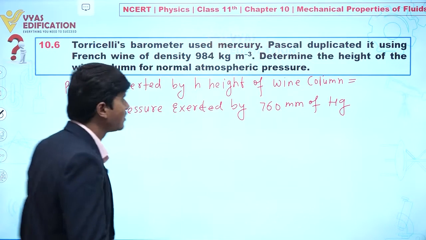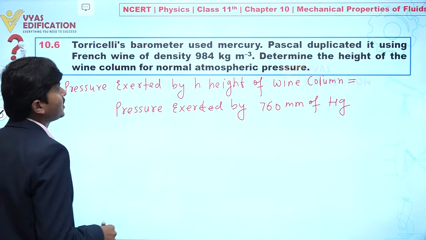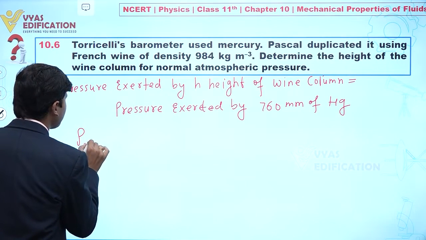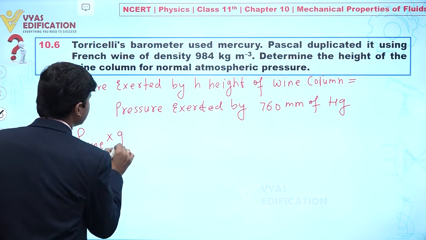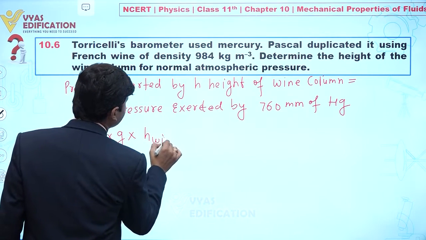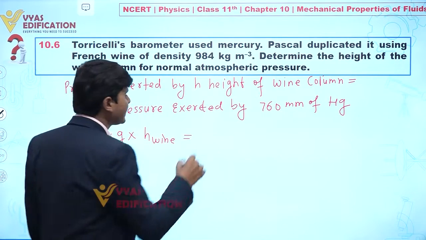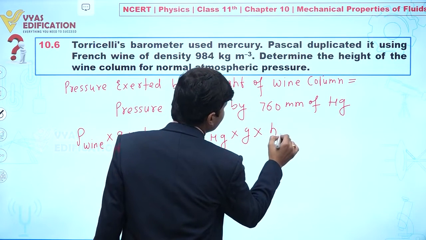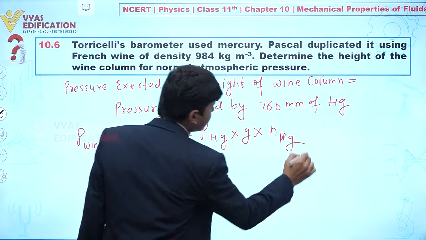Clear to you? Yes. So how can we write? We can write pressure exerted by the wine as rho, g and h of wine. Clear? This is given by density of mercury multiplied with g and h of mercury column. Clear to you?